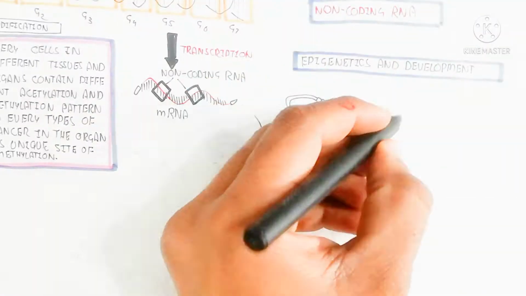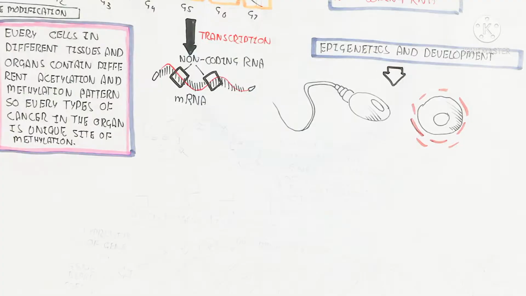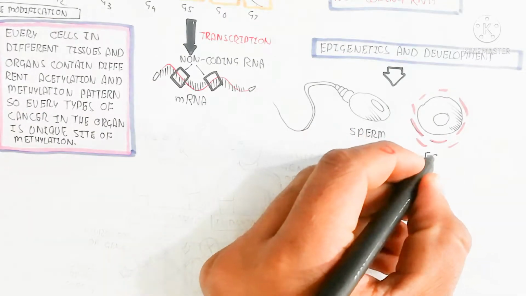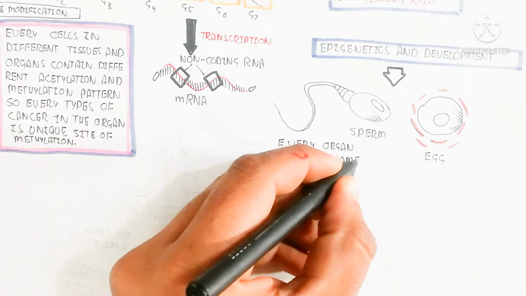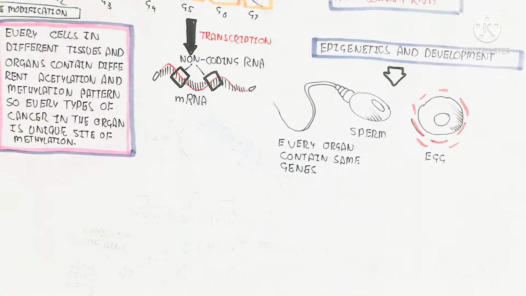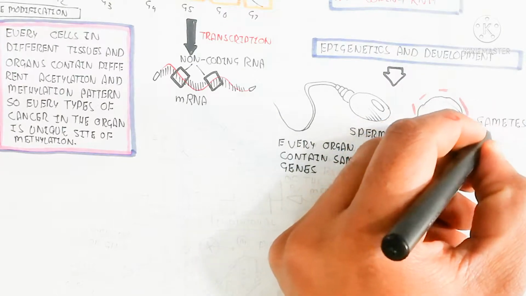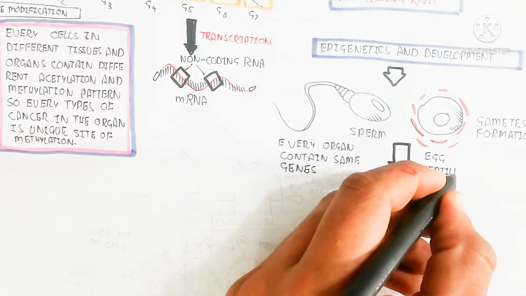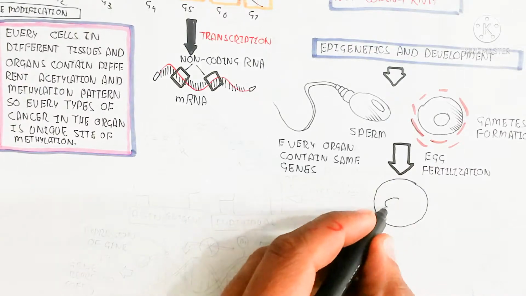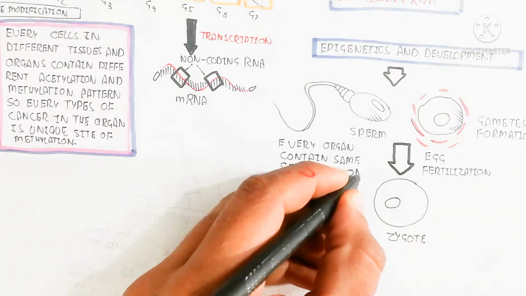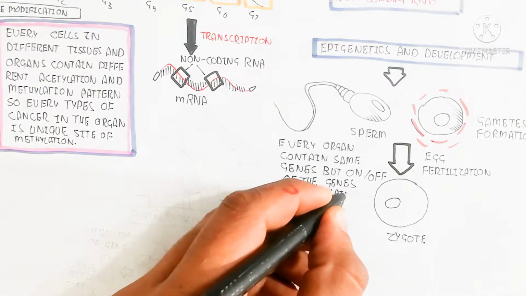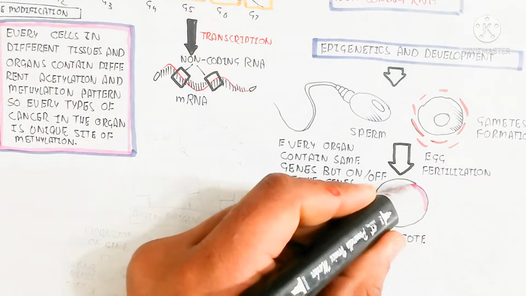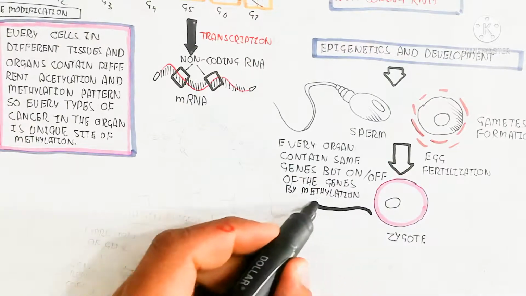So now we will discuss epigenetics and development. Sperm and egg gametes are formed through meiosis, and after fertilization the two haploid gametes produce a diploid zygote. Every organ contains the same genes, but genes are switched on or off by methylation and acetylation, and in this way genes are expressed.